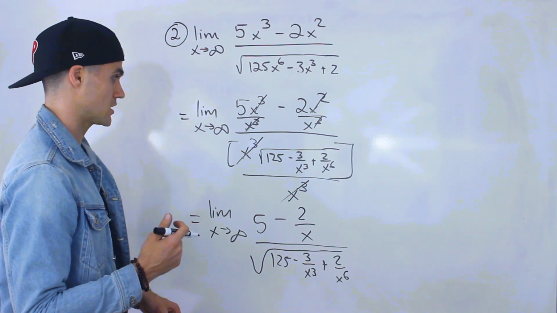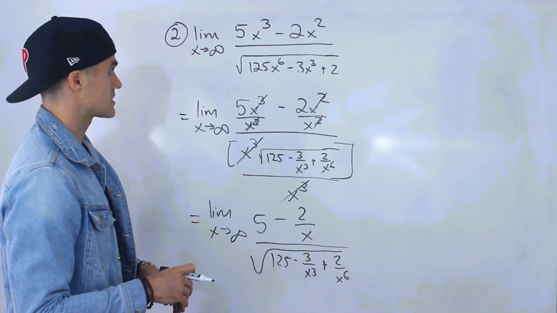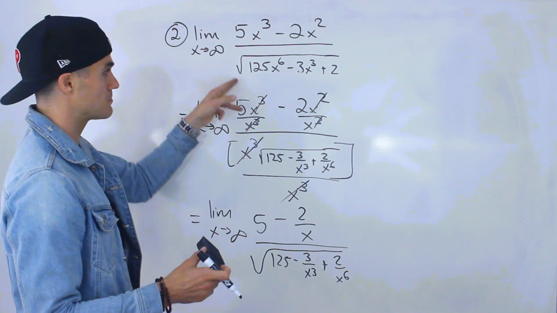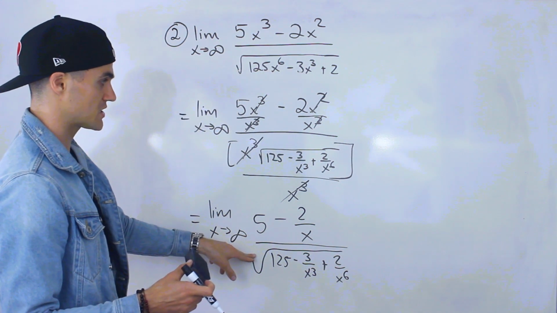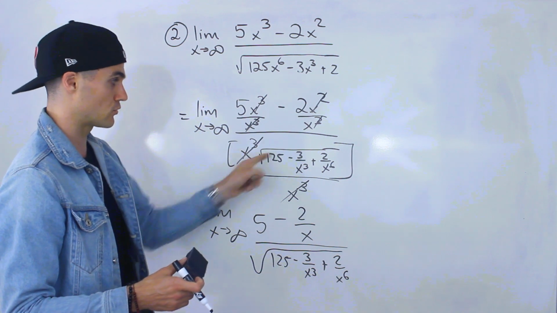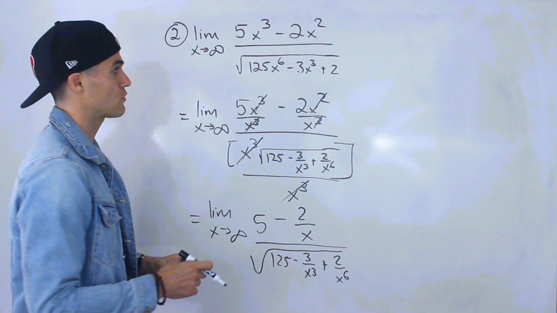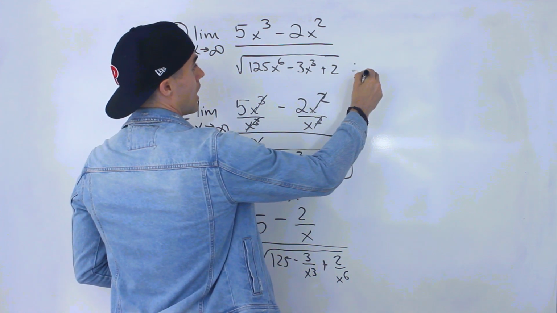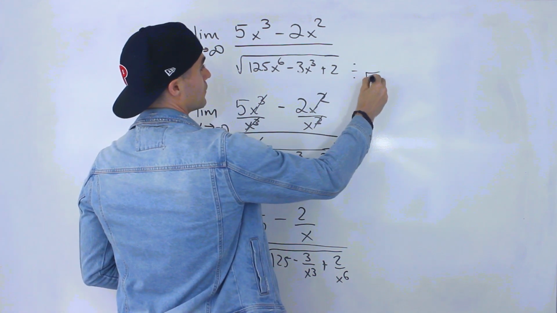Another thing I want to mention is that I mentioned it in the first limit. Textbooks, certain profs may go from here to here using a different method. So instead of factoring out that x to the 6, that square root of x to the 6, which is the same as x to the 3, they'll divide all of these by the square root of x to the 6.